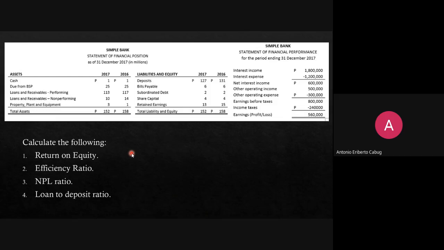Write your solution and answers on it, take a picture of it, and submit it in a discussion board, which I'm going to make public in a short while. I'm giving you 5 to 10 minutes to answer this. Okay?